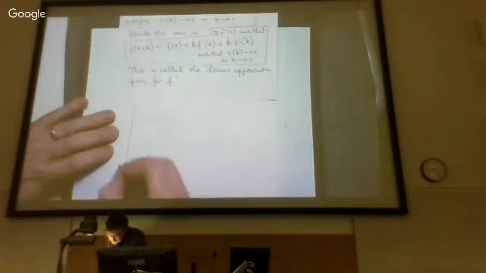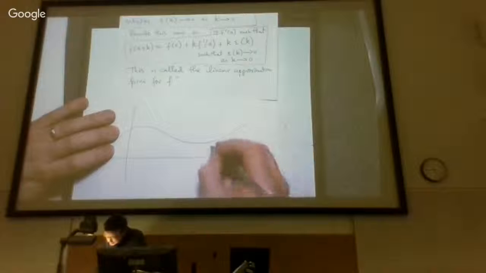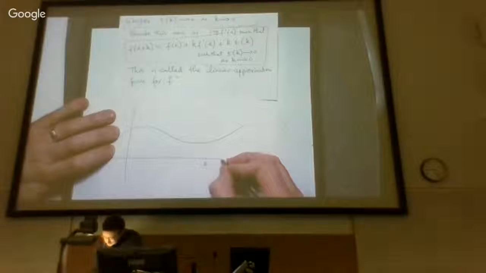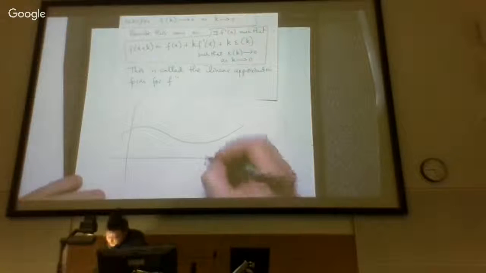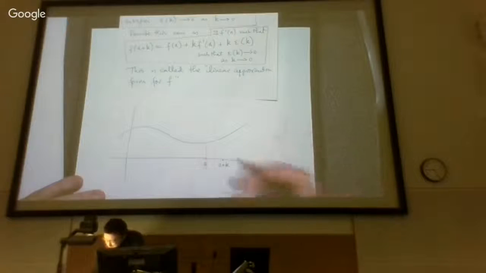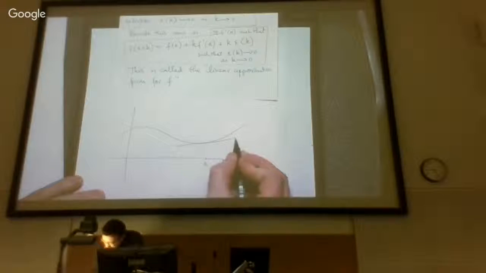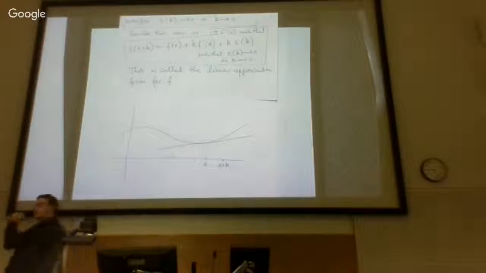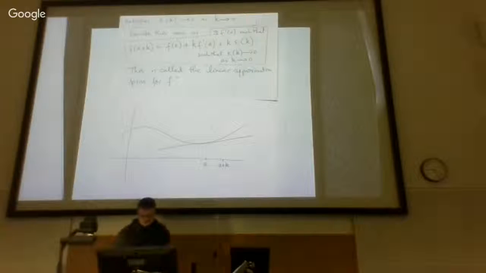Well, the picture is just the usual kind of picture of my function. So here's my function. Here's, say, the point a. Here's my nearby point a plus k. And really, this is just talking about the tangent line. We're familiar with this idea of the tangent line. This is the line of gradient f prime of a. The gradient of this line is the value of the derivative.